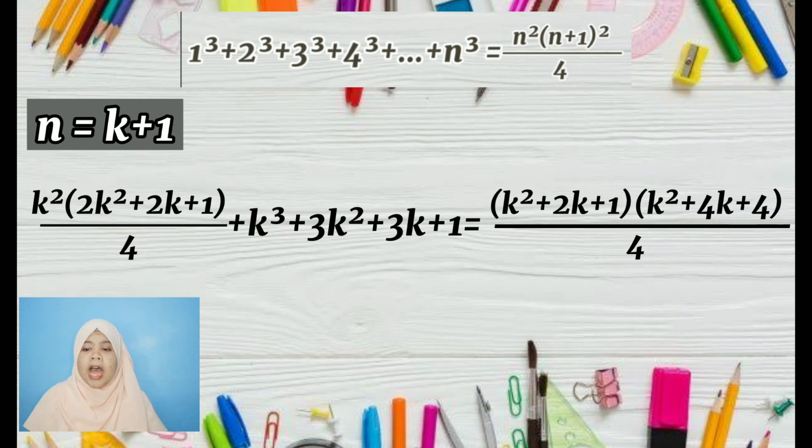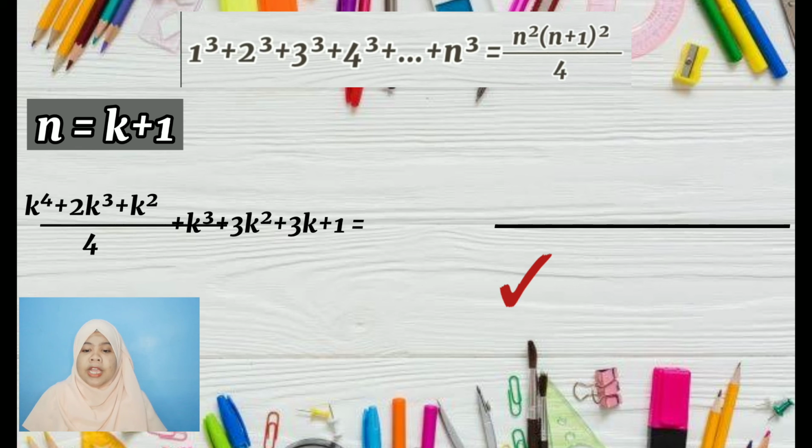On the right, we have (k squared plus 2k plus 1) times (k squared plus 4k plus 4) all over 4. Then use the distributive property of multiplication.